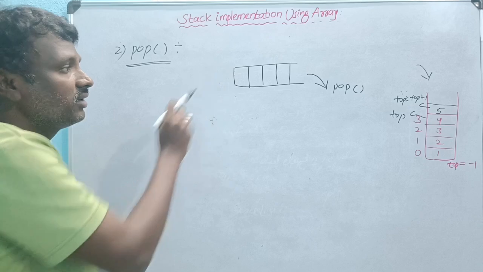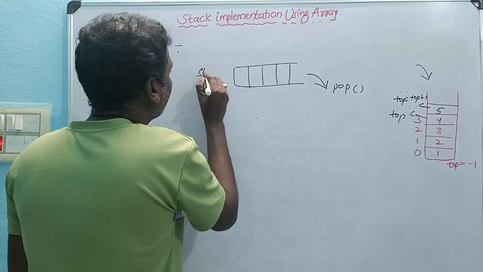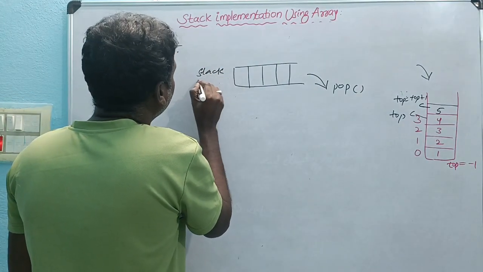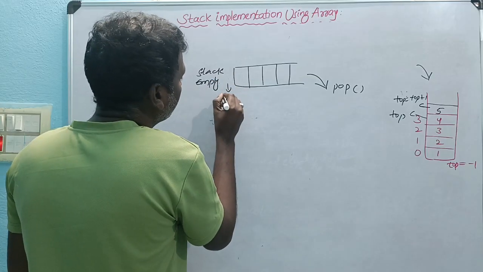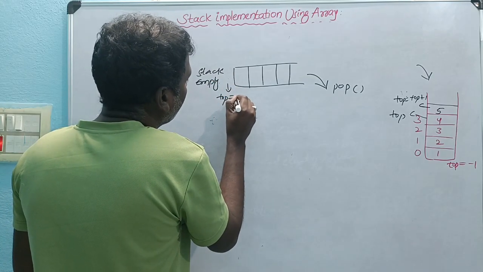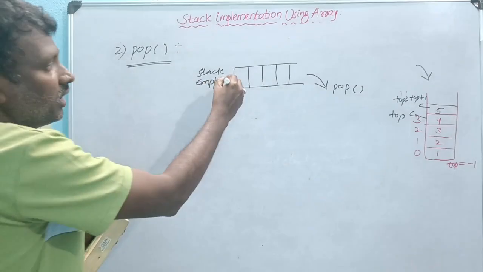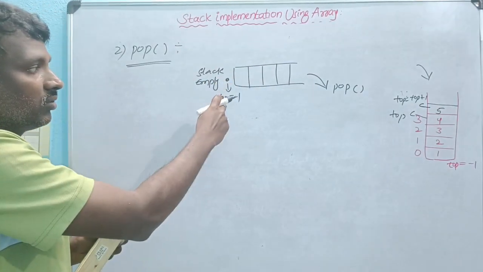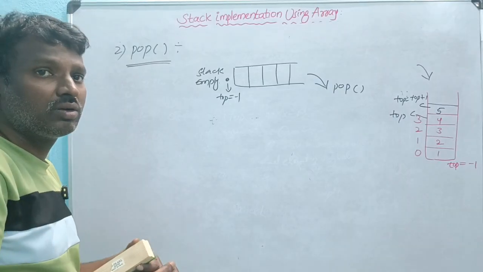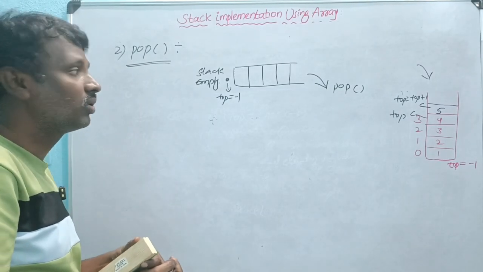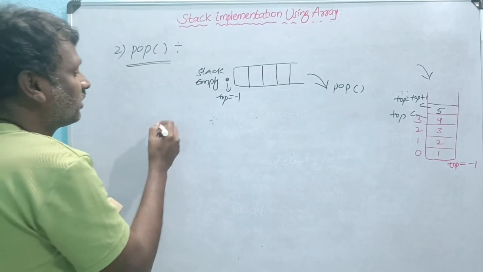No, because the stack is empty. Now the stack is empty, so top equal to -1. This is the top. Here we define top equal to -1. At that time we are not removing from that stack. So we are writing that query. What is that query?